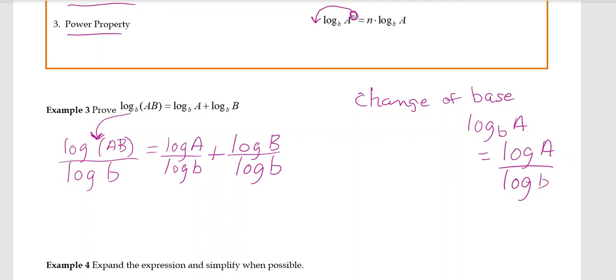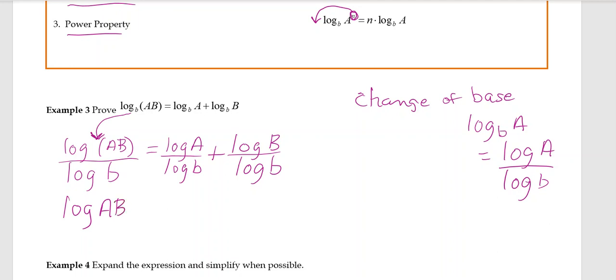Okay, so now what I have is an equation with a common denominator, right? The denominator is the log of b all the way across. So I've proven what I need to prove, and that is that the log of AB, because if the denominators are all equal, then the numerators have to all be equal.